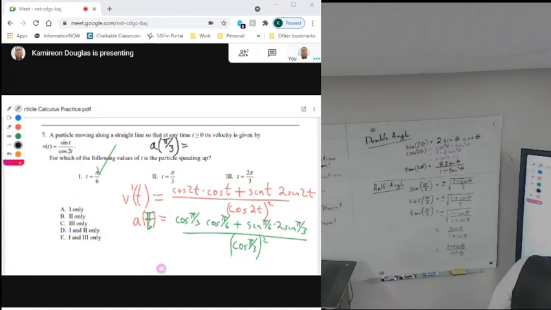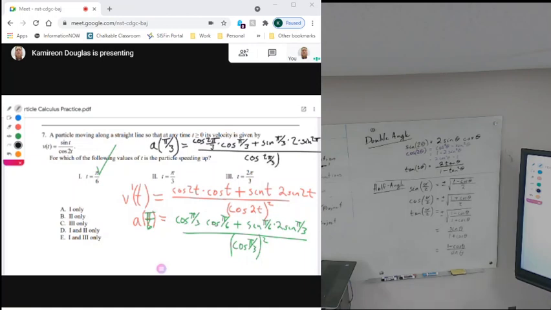It's equal to cosine of 2 pi over 3 times cosine of pi over 3 plus sine pi over 3 times 2 times sine 2 pi over 3, all over cosine of 2 pi over 3 squared. So I'll use my unit circle to check this.